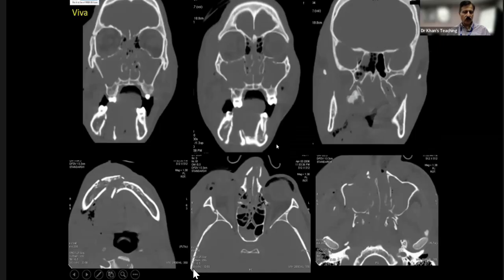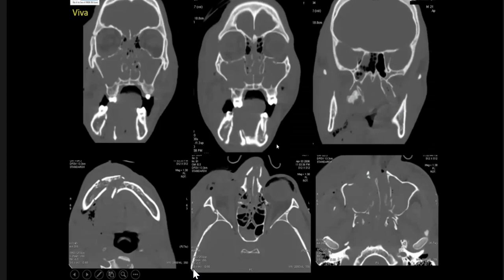Over to you. So there are bilateral fractures of the lateral pterygoid plates. I'm looking at the rest of the bones. There is a pyramidal shaped fracture seen involving the pterygoid plate. There is a fracture of the inferior orbital walls, the bilateral lateral pterygoid plates.